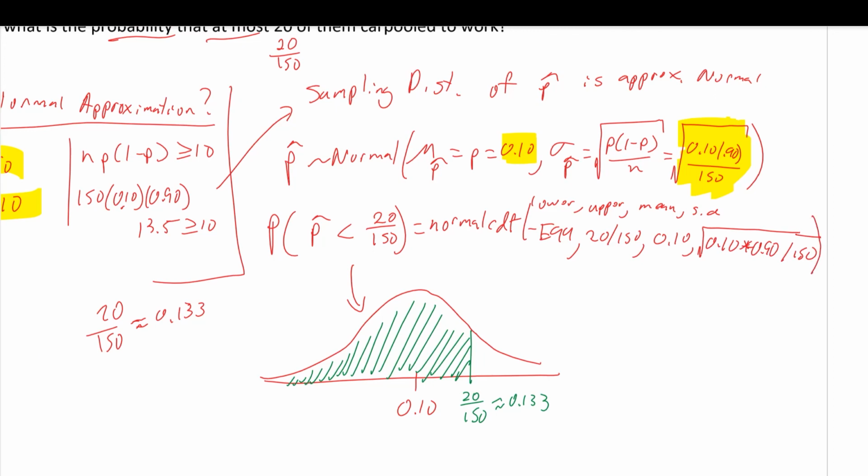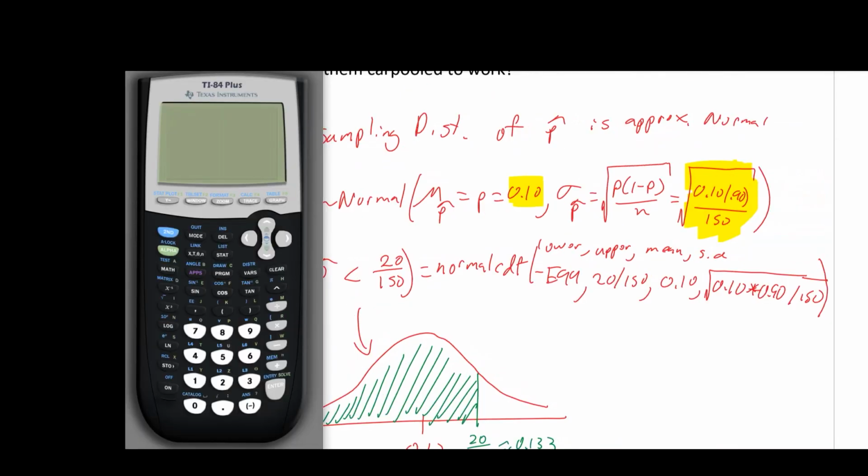Let's show you how to do this on the calculator. Click second distribution, normal CDF. The lower bound is still negative E99. Upper, in this case, is 20 out of 150, and your calculator can handle that, no problem. The mean here is 0.10.